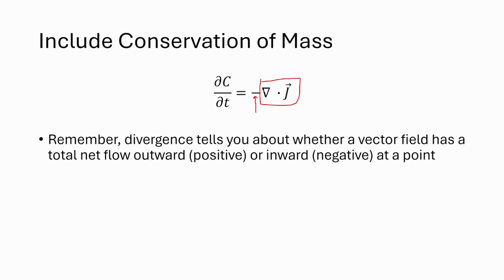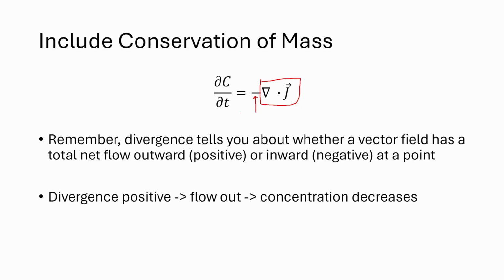The time derivative of the concentration is negative because we have an outward flux of particles, which is calculated by taking the divergence and then finding out that the divergence is positive, so outward flow, so multiply that by -1, and we have a decrease in concentration. That's conservation of mass in the language of differential equations.